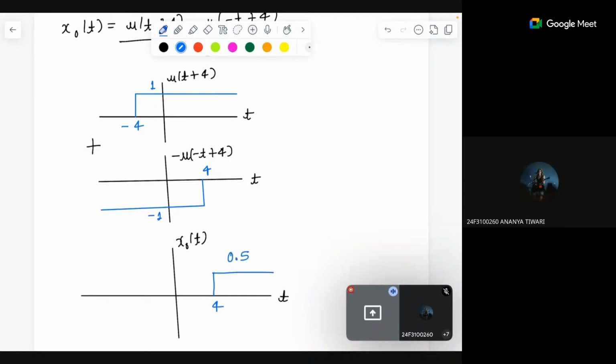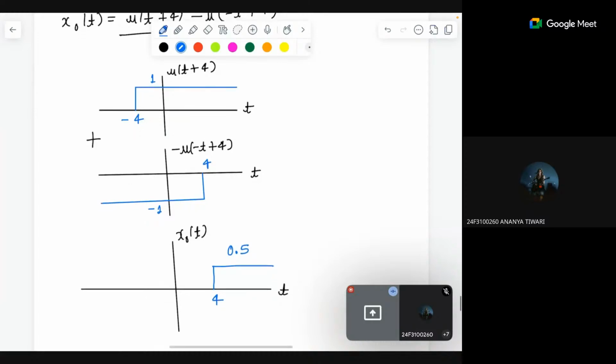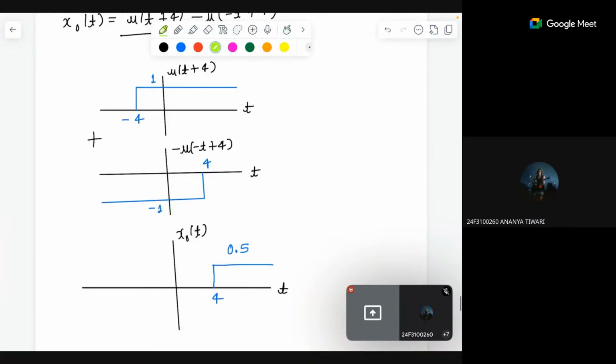Since it is an odd signal, you can take that image about the origin also. But let us just solve it. Between minus 4 to 4, this is 1 and this is minus 1. 1 minus 1 will give me 0, so the middle portion is 0 till minus 4.